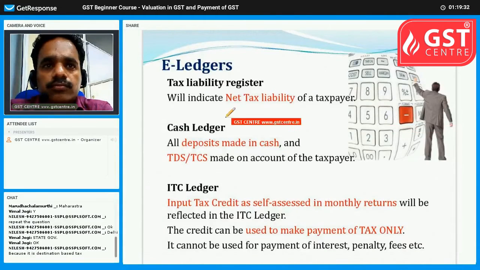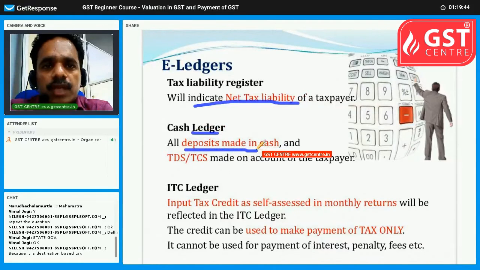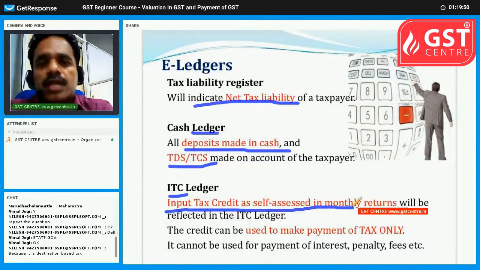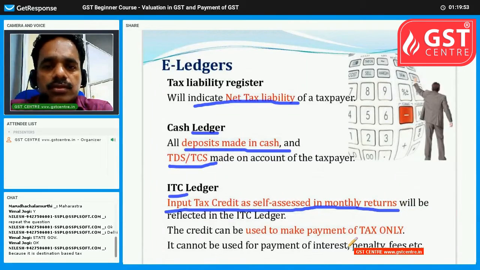Then the e-ledgers. The tax liability register will show the net tax liability. The cash ledger will show deposits made in cash as well as TDS or TCS. The ITC ledger will show input tax credit as self-assessed in the monthly returns.